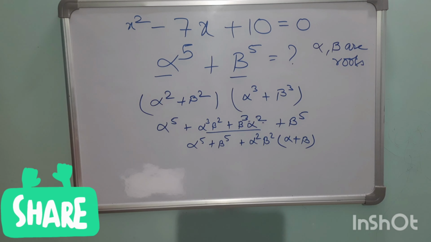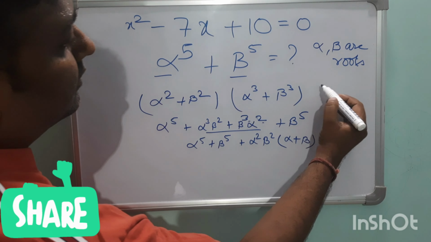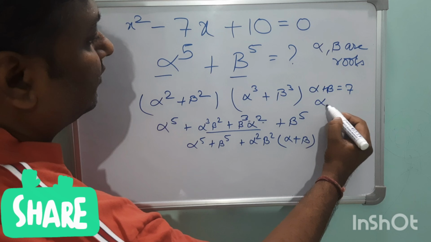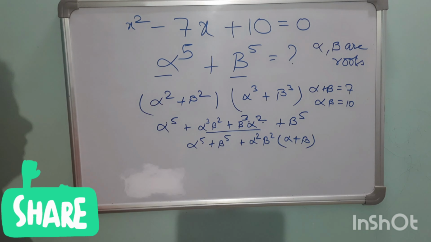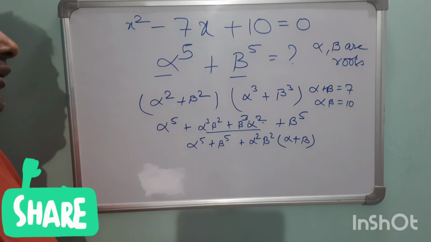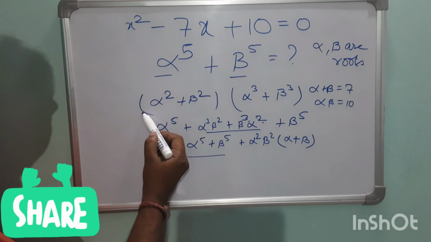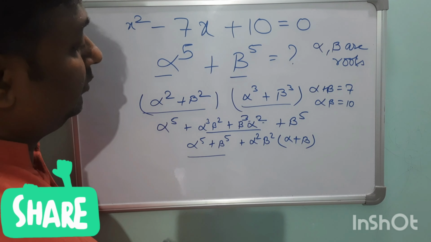This is one of the standard approaches which we take, because we know the sum of the roots alpha plus beta is equal to 7, and the product of the roots alpha into beta is equal to 10. So we can use that part, and we will be trying to get these two, because we will be knowing alpha square plus beta square, and we will be knowing alpha cube into beta cube.